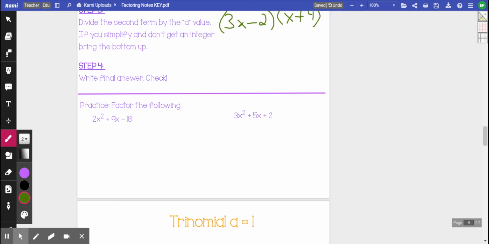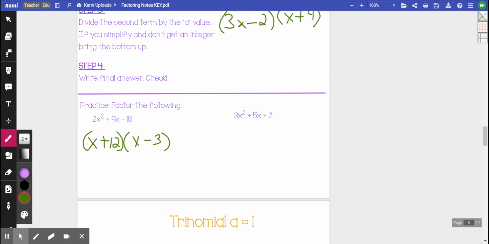If we look at this first one, again, we're multiplying the 2 times 18. We're looking for the factors of 36 that have a difference of 9. We know we're going to draw the same conclusions of being able to use x and x. We'll use a positive 12 and a minus 3.